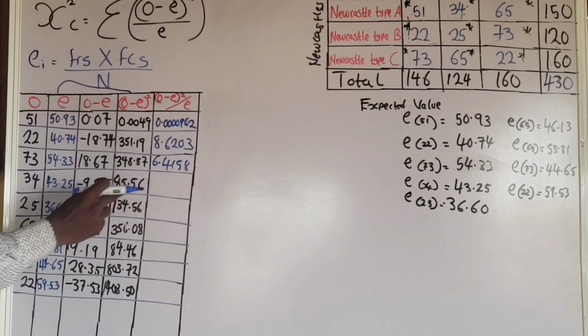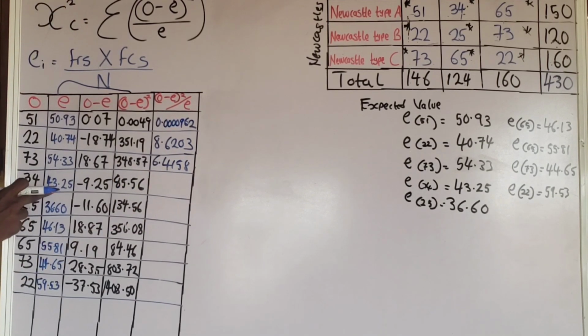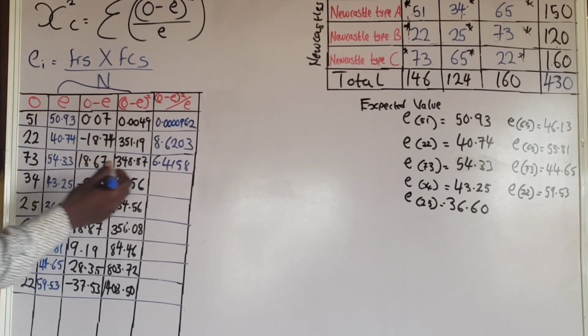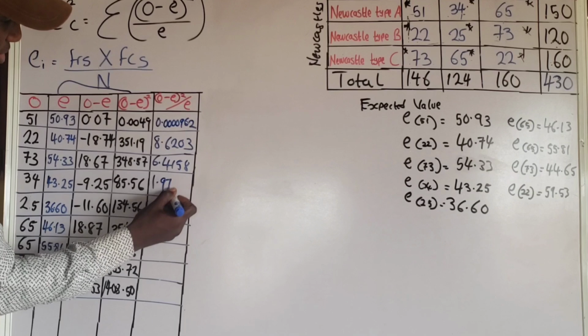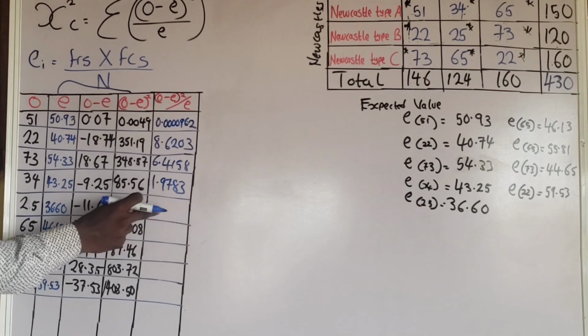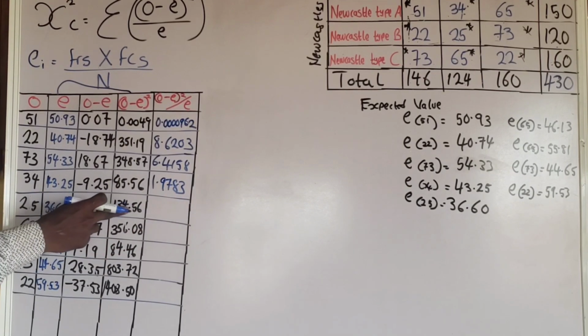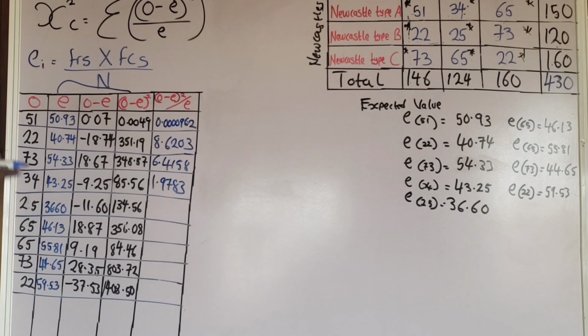Okay, for this 85.56 divided by 43.25. That is 1.9783. Okay, for this, that is 134.56 divided by 36.60.